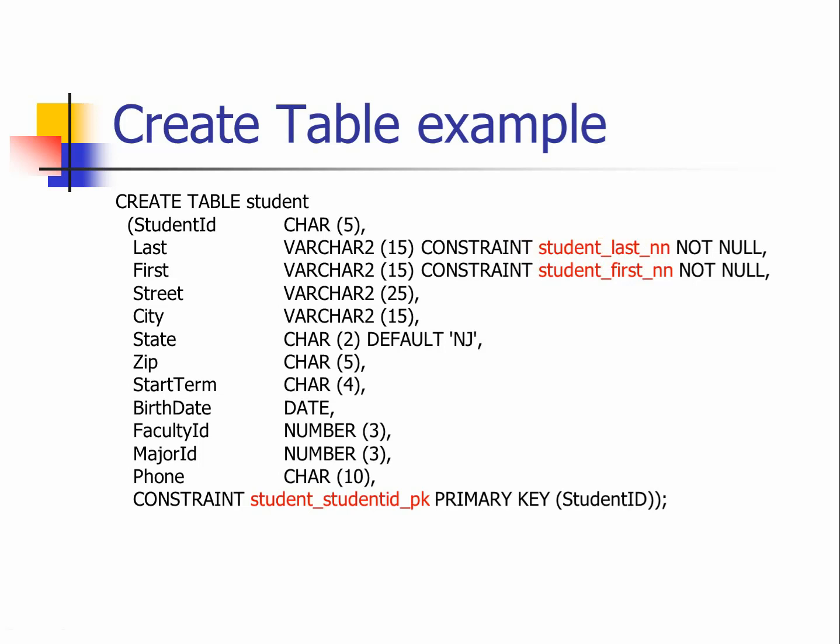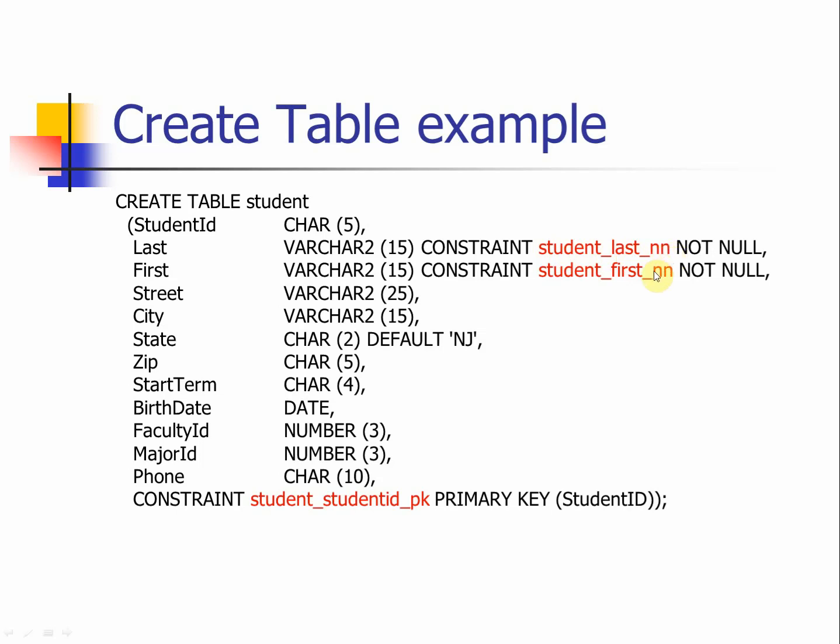But understand this, if we use a systematic way to give the name, not only will you not have duplications of the constraint name, but also you can understand what this constraint is trying to do by only looking at the constraint name. So look at this one. This is saying that for the student table, for the last name column, it cannot be null.